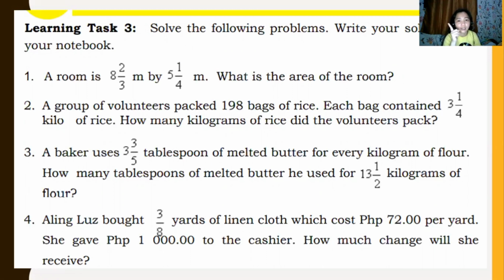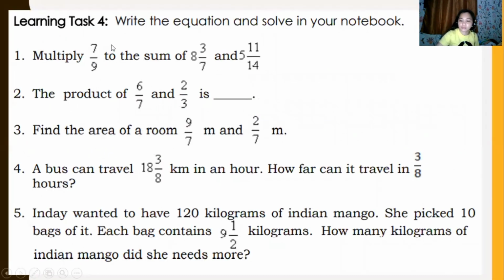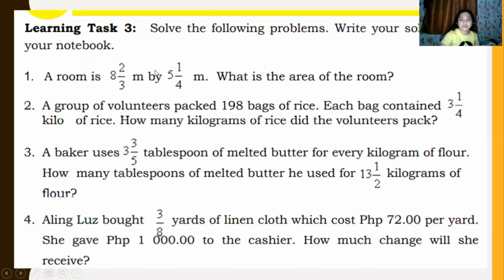Let us have here the number 1. Alright, number 1, a room is 8 2/3 meters by 5 1/4 meters.